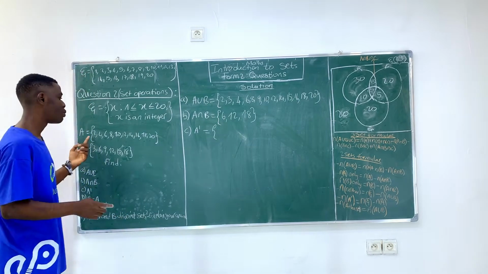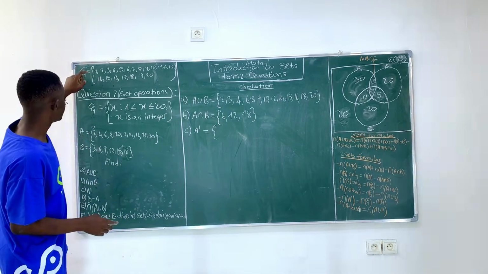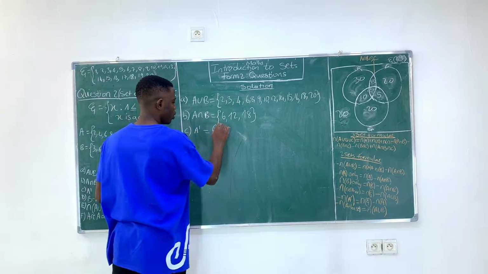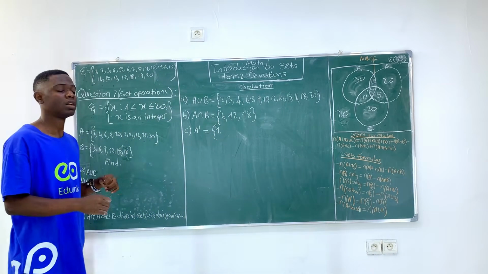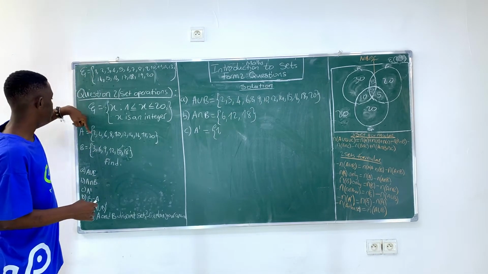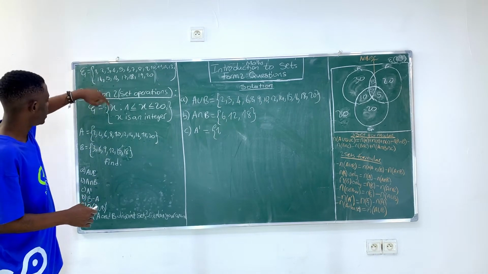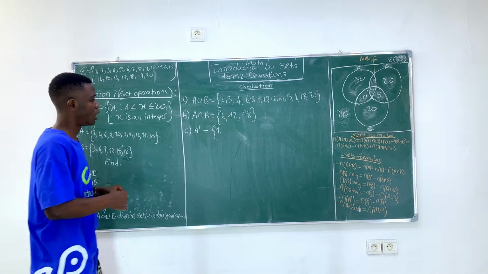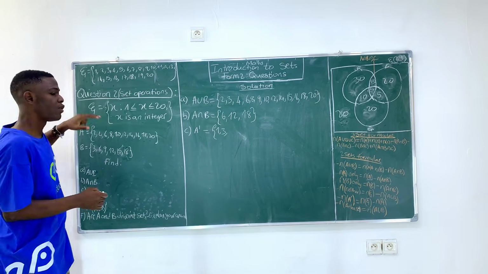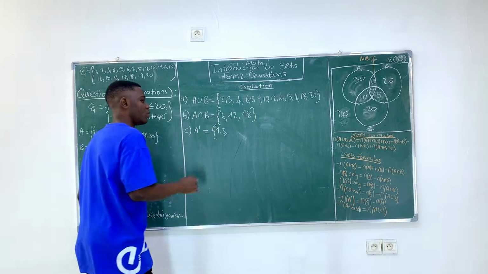So you should write every number, part by part. Let's say, is 1 in A? No. Since 1 is not in A, I write 1 there. Is 2 in A? Yes, 2 is in A. Is 3 in A? No. I write 3 here. Is 4 in A? Yes, 4 is in A. Is 5 in A? No, I write 5.